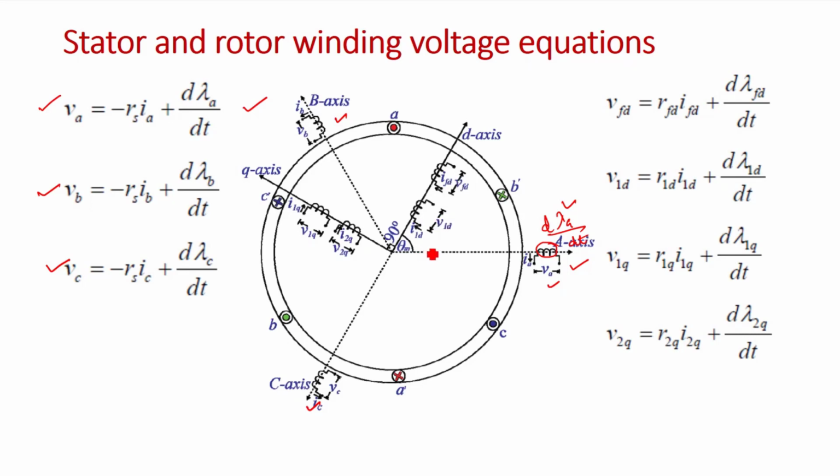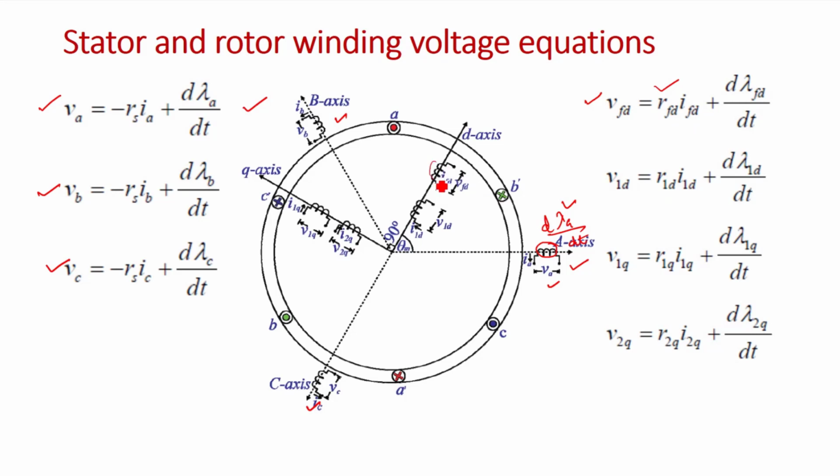So for the D axis, if we write the equation for VFD, here we are feeding the current to the field. The current is going into the field, and the EMF is being induced. Therefore, VFD will be equal to RFD IFD, where RFD is the field resistance and IFD is the current flowing in the field winding, right? So VFD will be equal to RFD IFD plus d lambda FD by dt.